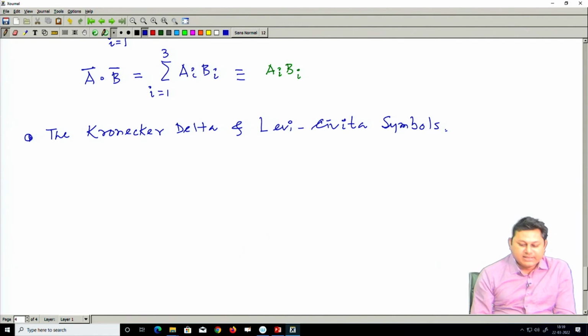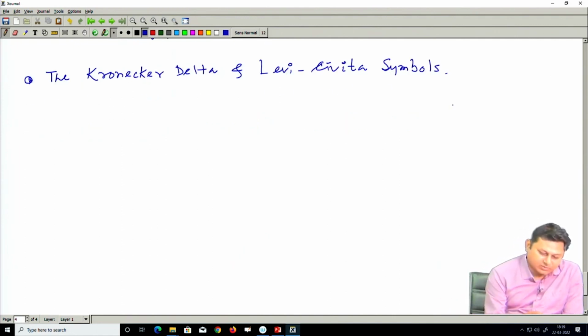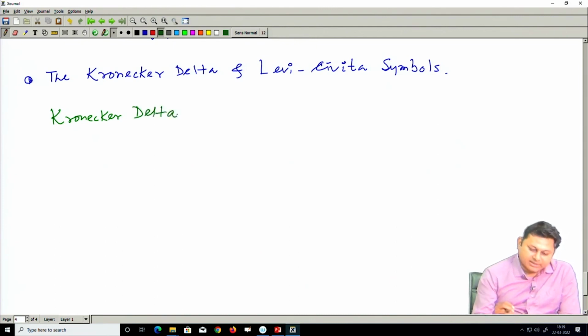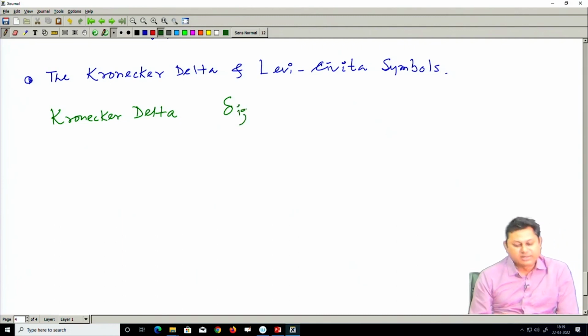The Kronecker delta and Levi-Civita symbol are very important. So, let us understand what this Kronecker delta is. I already mentioned in the first class that this is my Kronecker delta, delta_ij.